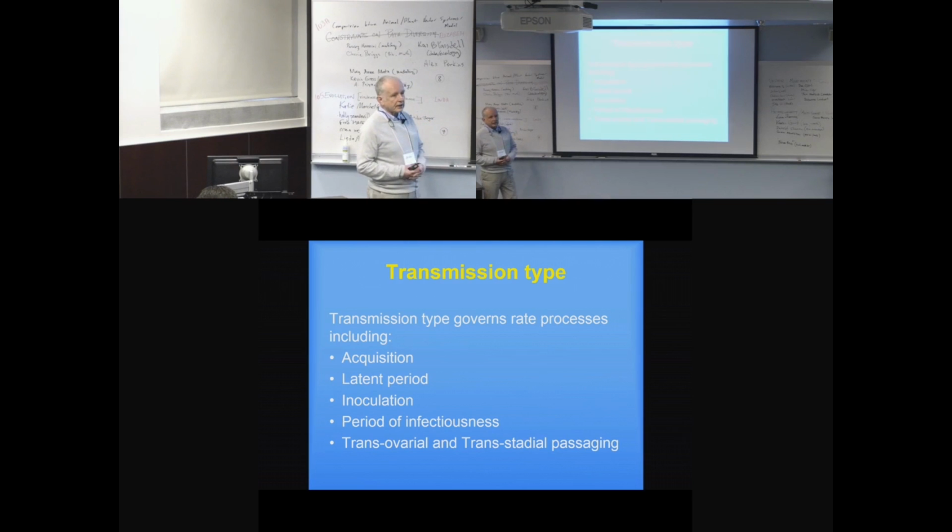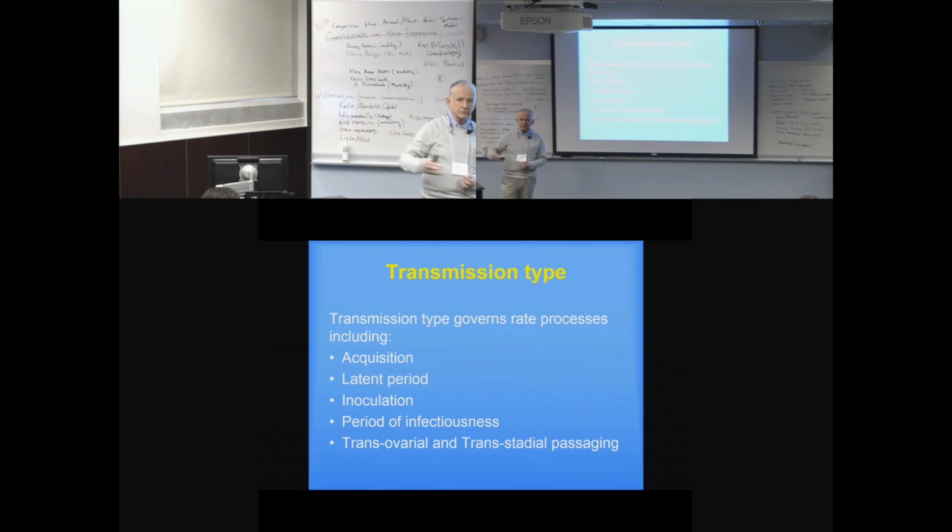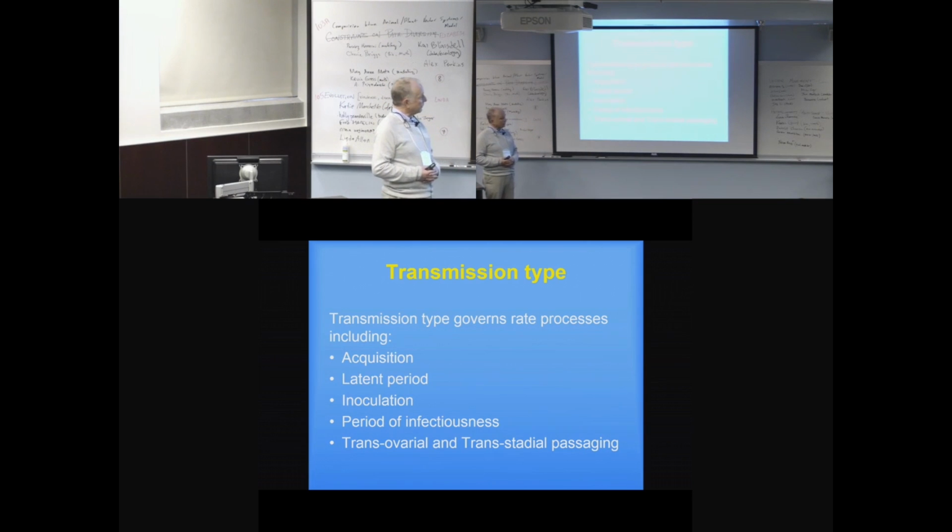So the acquisition rate, the rate at which a virus is acquired, the latent period, this is really the time delay from the time of acquisition to the point where inoculation of another plant can occur. With a non-persistent virus, that can be very short. With the persistent classes, it can be several days.